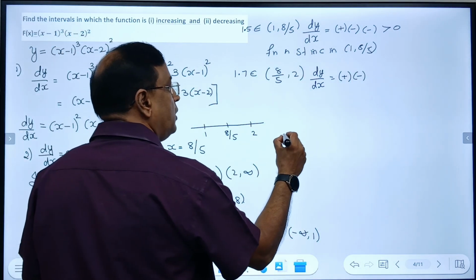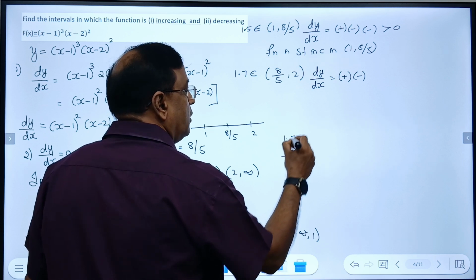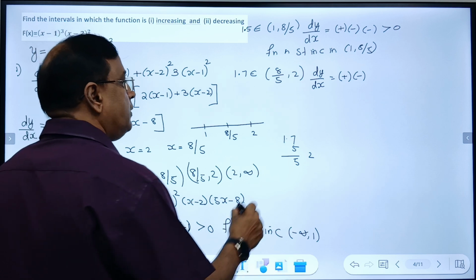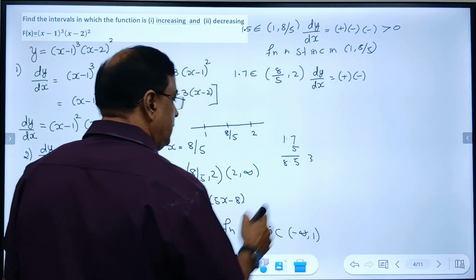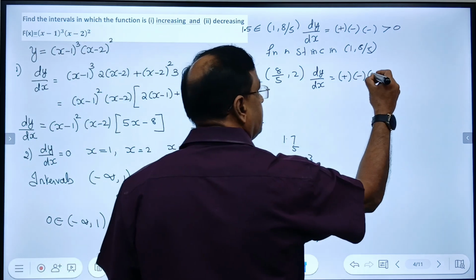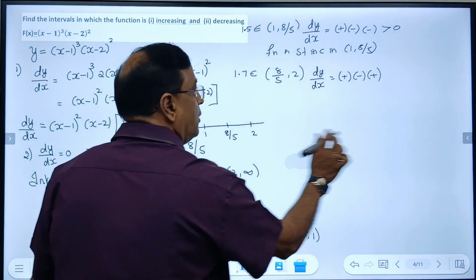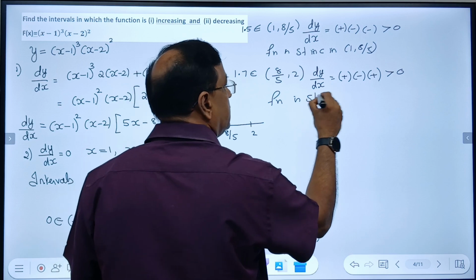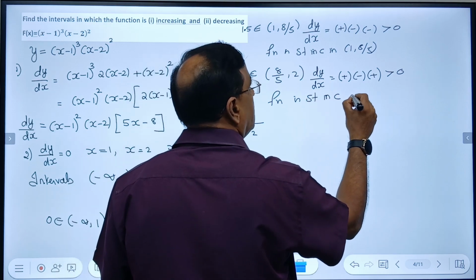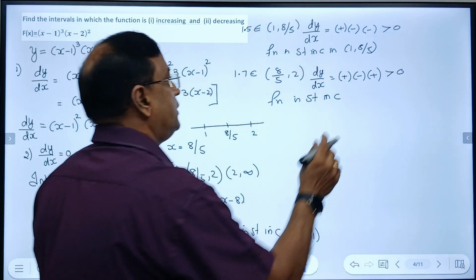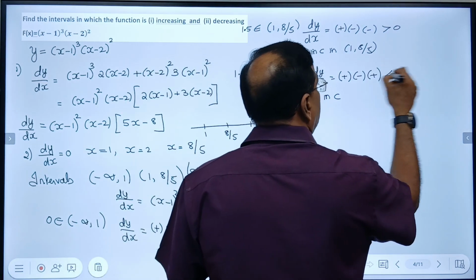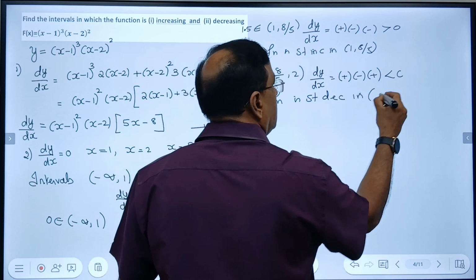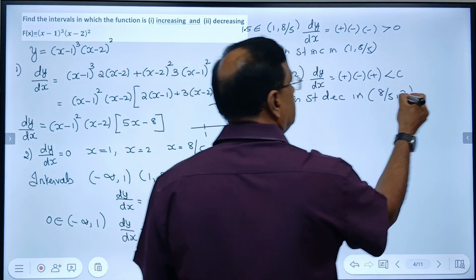What is 1.7 into 5? 7 fives are 35, so it is 8.5. 8.5 minus 8 will be positive. Therefore, the function is strictly increasing. Sorry, it is negative. Positive, negative, positive is negative, so strictly decreasing in 8 by 5 comma 2.